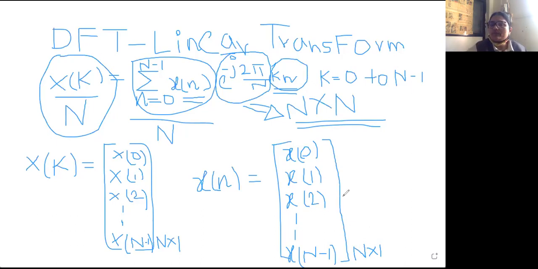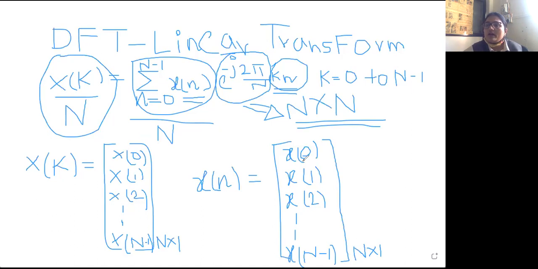I'm going to represent the entire equation in matrix format in such a way that we can represent DFT as a linear transformation. So I have represented x of k in terms of n number of samples in matrix form. Then I have represented the input signal x of n again in matrix format.